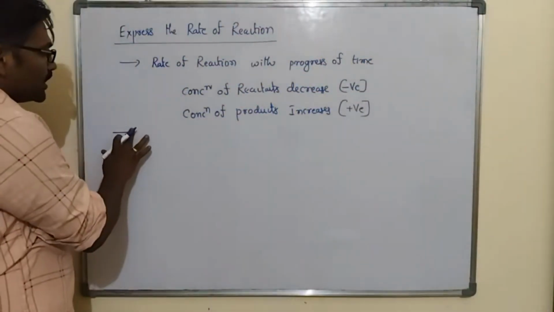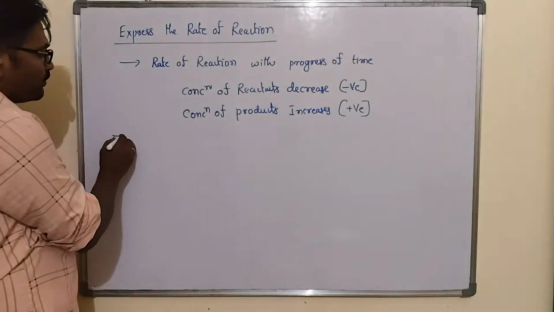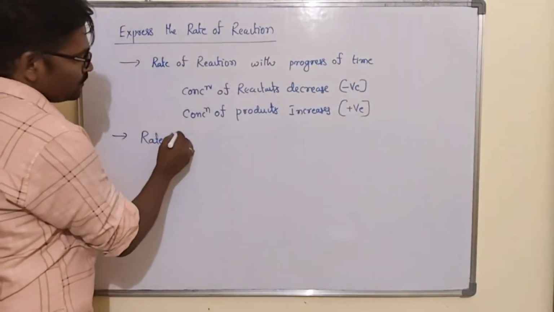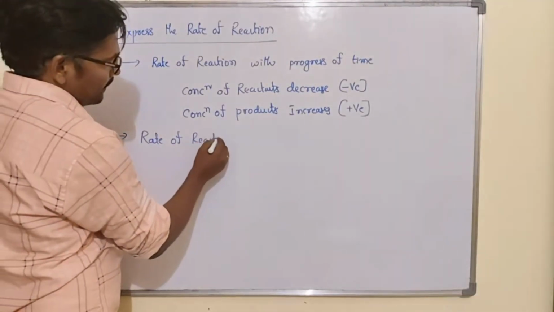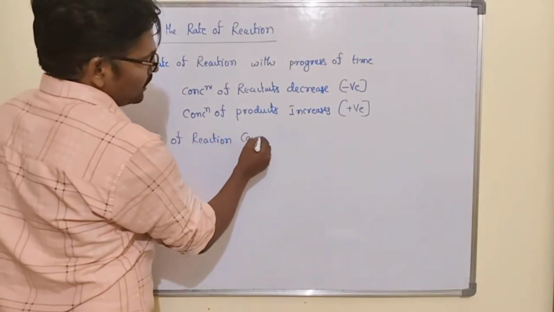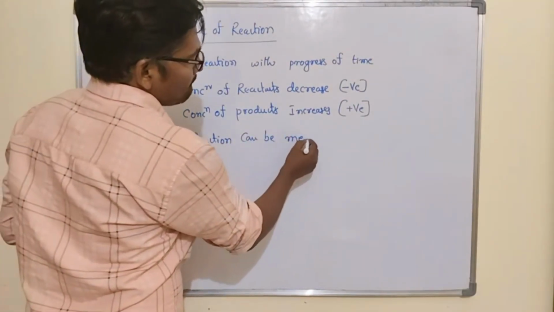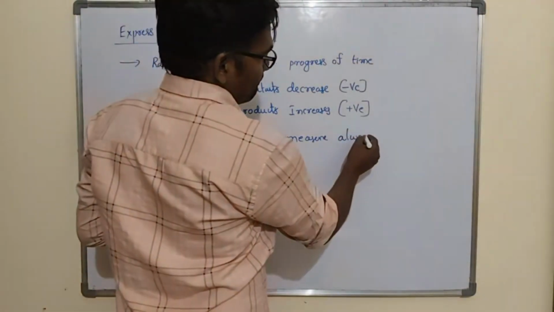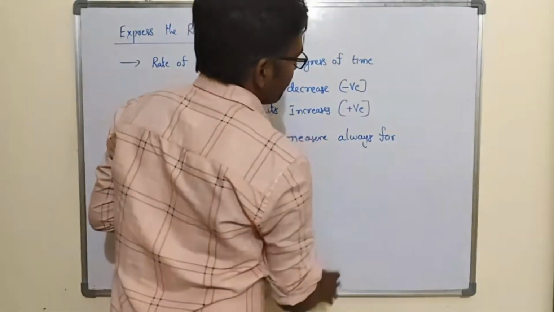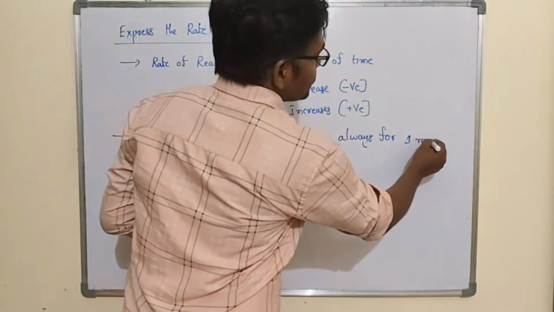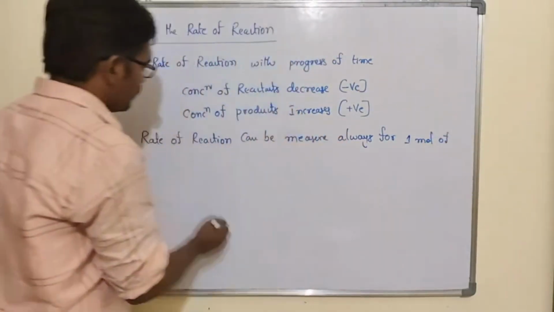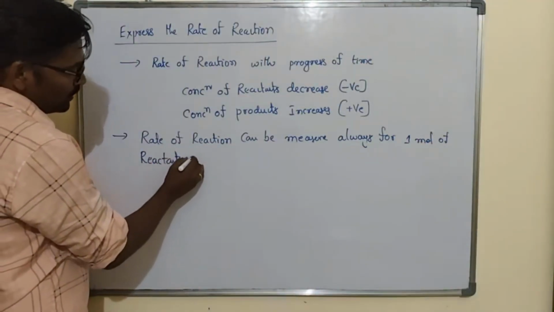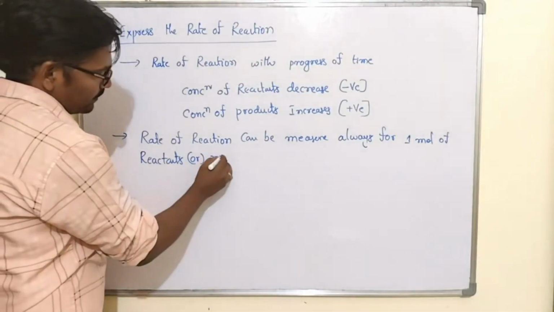So the rate of reaction can be measured always for 1 mole of reactants or 1 mole of products.